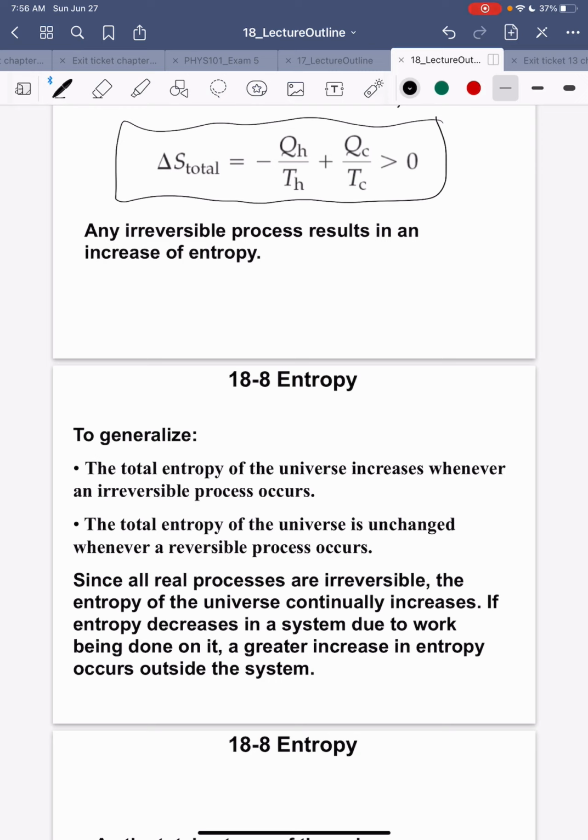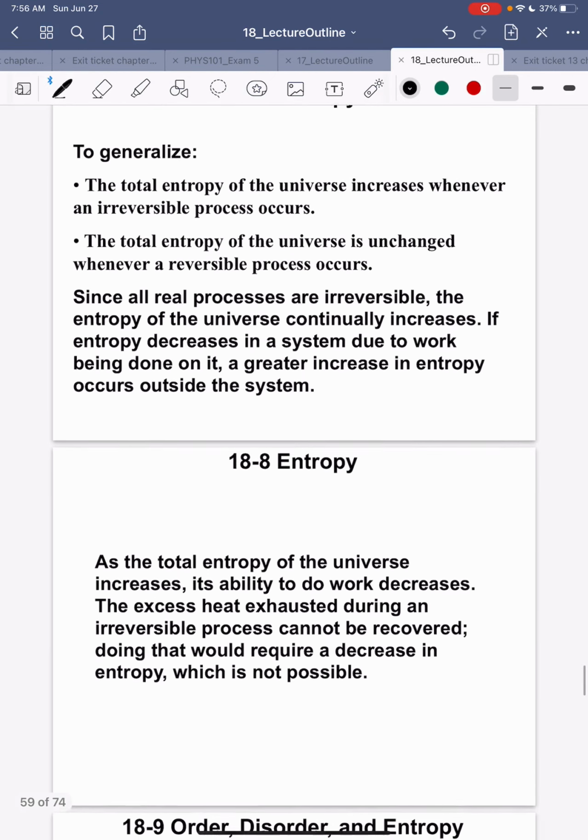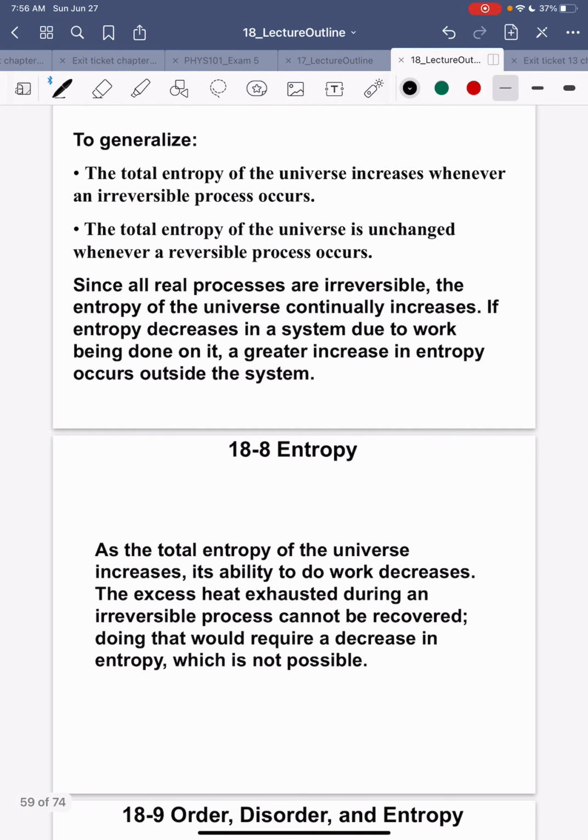If the entropy decreases in a system due to work being done on it, a greater increase in entropy occurs outside the system. As the total entropy of the universe increases, its ability to do work decreases, and the excess heat exhausted during the irreversible process cannot be recovered, and doing that would require a decrease in entropy, which is not possible.